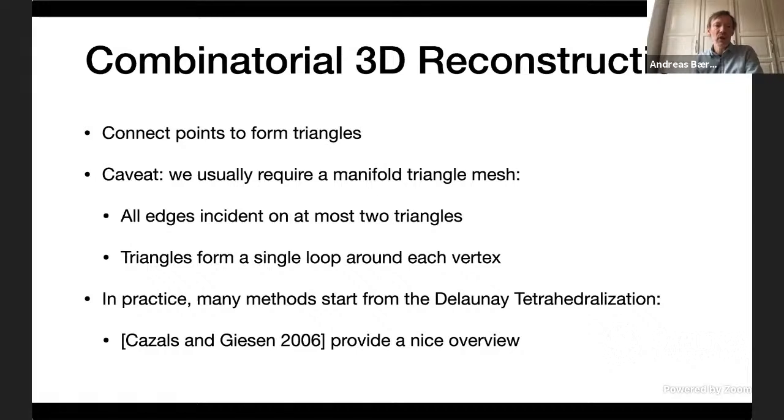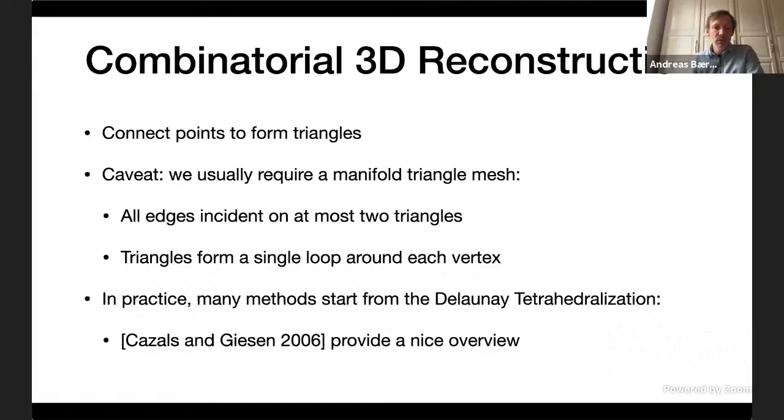So to simplify the problem, many methods start from the Delaunay tetrahedralization. Just like the Delaunay triangulation in 2D, Delaunay tetrahedralization transforms points into a simplicial complex where the circumspheres of the simplices are empty.